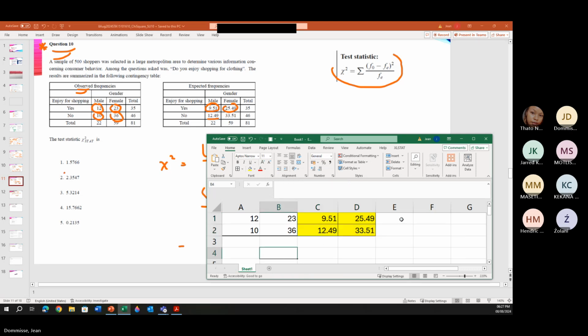So what I then normally do is, so we know the formula is for observed minus the expected, to the power of 2, and that we will divide by the expected.